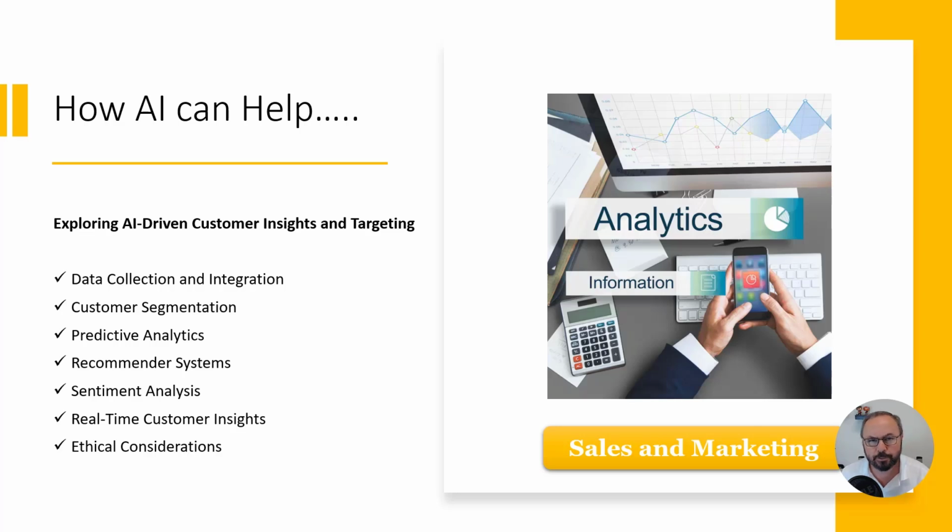Lastly, ethical considerations. Now, this is not so much a feature or a capability, but something I wanted to talk about briefly because it's important to realize that when it comes to using AI, we need to realize that AI is what? It is a software program that was really developed by humans, and therefore all the inputs are from humans, and therefore could be biased.